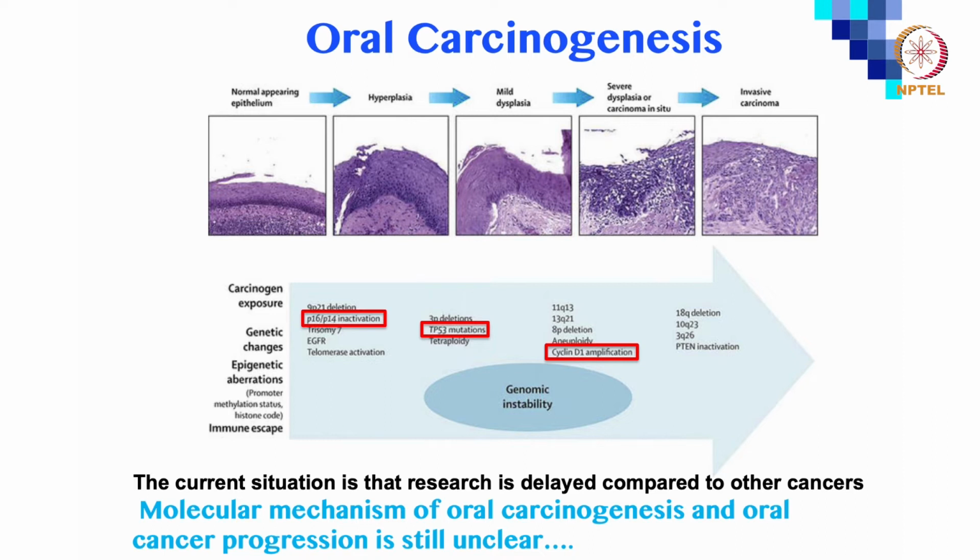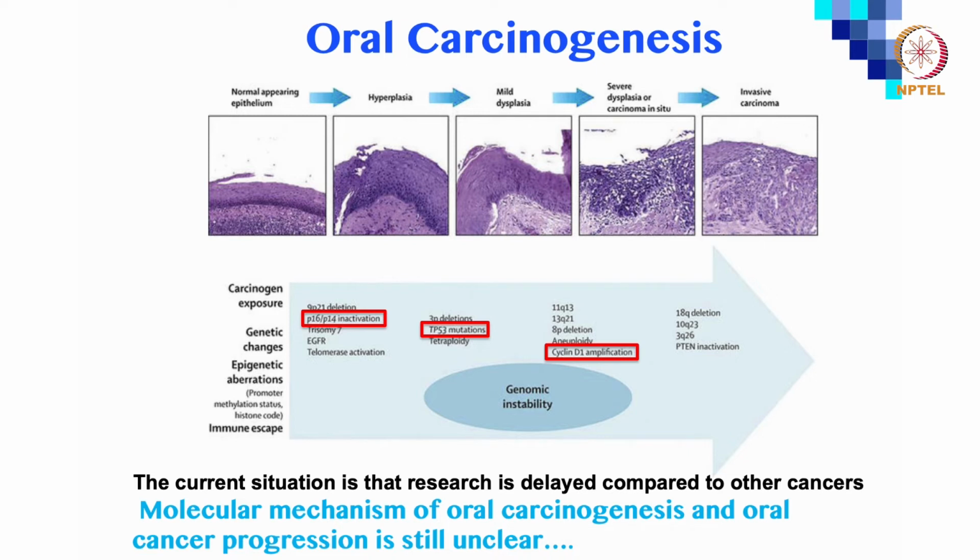Carcinogenesis requires the malignant conversion of benign hyperplastic cells to a malignant state, and invasion and metastasis, and manifestations of further genetic and epigenetic changes. During oral cancer progression from normal epithelium, hyperplasia, mild dysplasia, and severe dysplasia or carcinoma in situ exist.